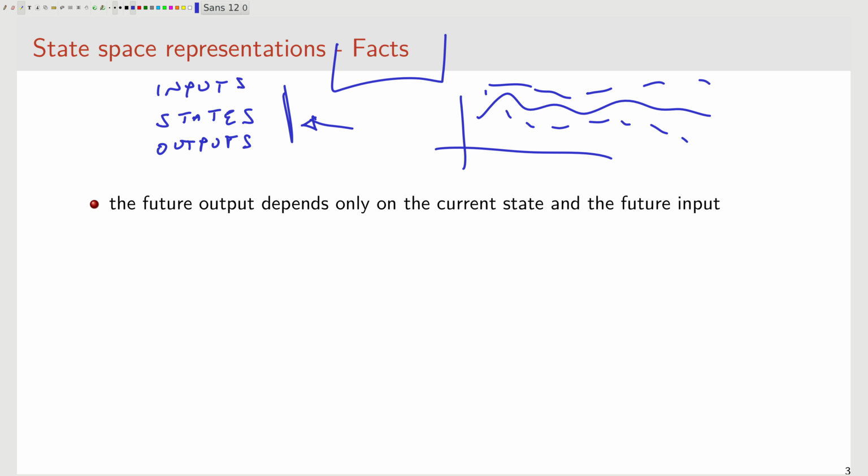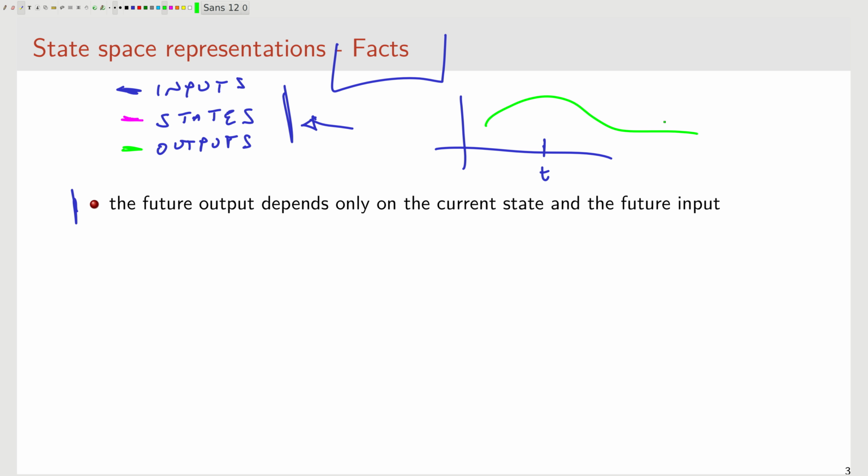The separation principle says that, first of all, the future output, so let's say that we are at time here right now, and let's make things with different colors so it's a little more interesting. So inputs in blue, states in this color here, and outputs in this color here.